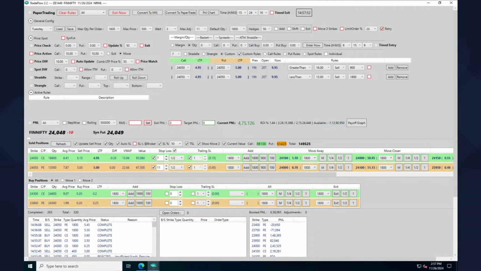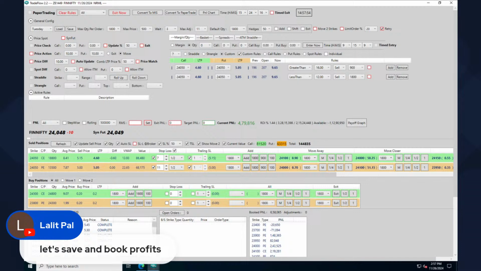All right, so let's save and book profits. If it reaches 4.5, I will exit the trade. That's the plan for today.